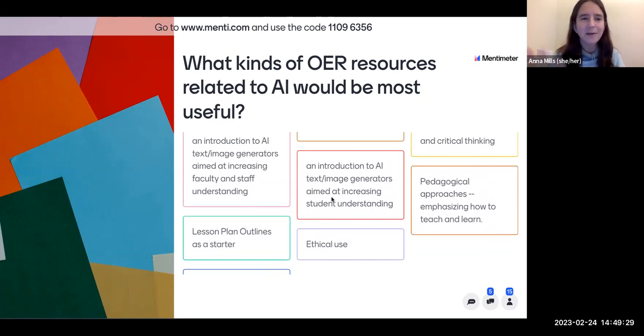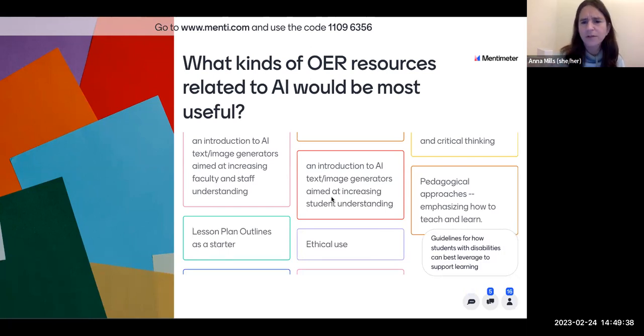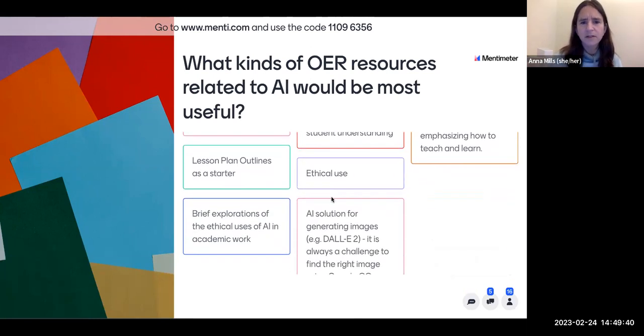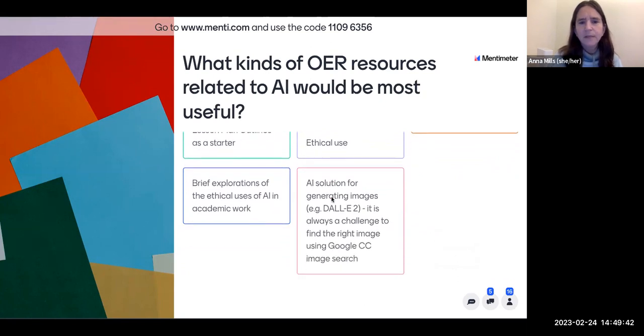And I'm curious to know how much overlap there is. I've put a lot of introductions to the topic into my resource list, and I think many of them could also be used with students. Explorations of the ethical uses of AI, image generation, information about image generation. Yes, another one.